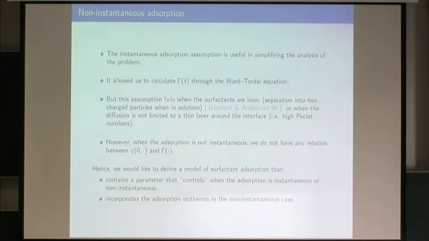But if we don't have instantaneous absorption, then we don't have a closure relation between the sublayer density and the interface density. So what we would like to do is to construct a model of soluble surfactants where we have a parameter that controls whether the absorption is instantaneous or non-instantaneous, and also incorporate absorption isotherms when we have non-instantaneous absorption.